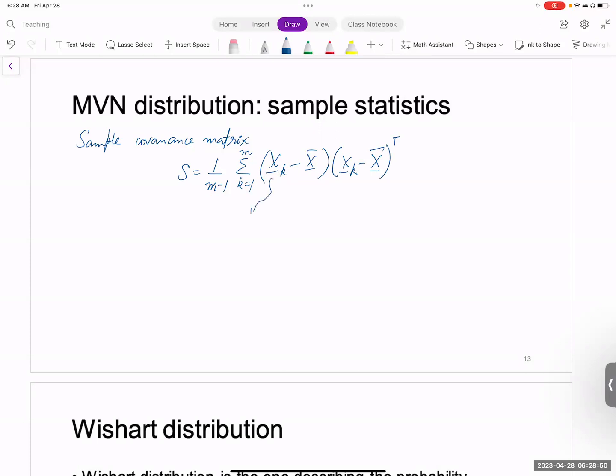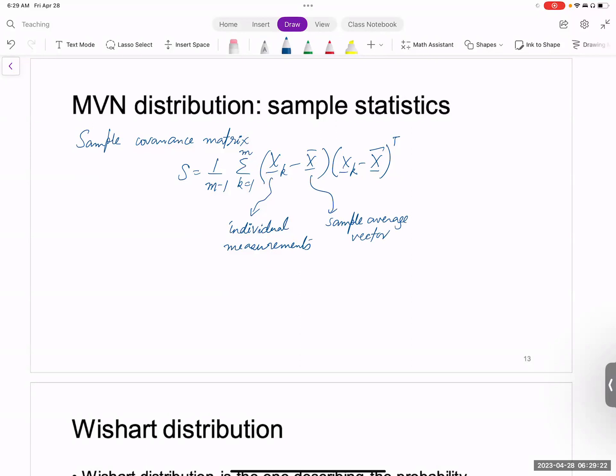These are your individual measurements. And this is your mean vector. Actually, I don't want to call it mean vector. This is the sample average vector.